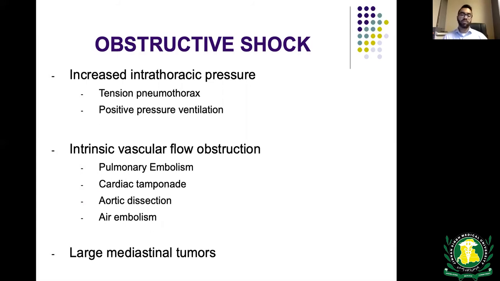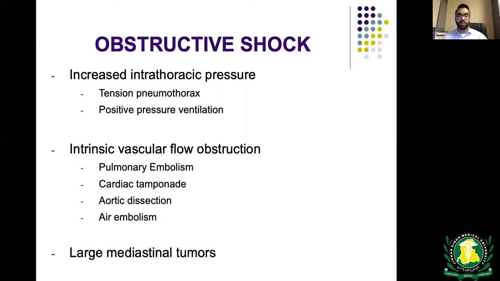Next is vascular flow obstruction that can happen from air embolism, pulmonary embolism as a result of deep venous thrombosis, cardiac tamponade, which is defined as extrinsic compression on the heart because of fluid that is present in an unyielding pericardial space.